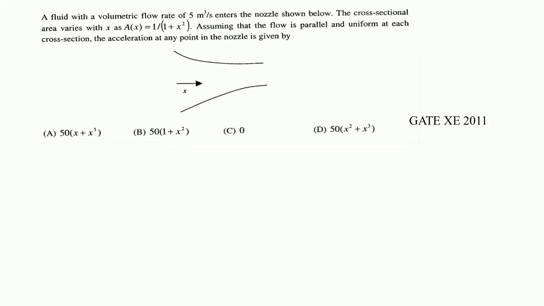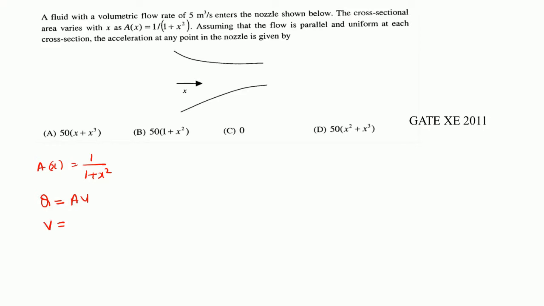First of all, we have to understand how the cross-sectional area varies. Now A of x varies as 1 by 1 plus x square, and we know that from the continuity equation, Q, that is volume flow rate in meter cube per second, is A into V. So now A is given as 1 by 1 plus x square and Q is given as 5.